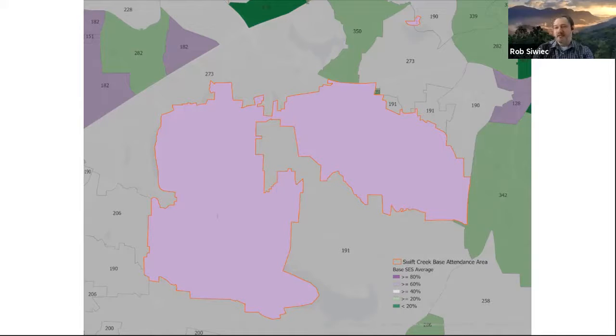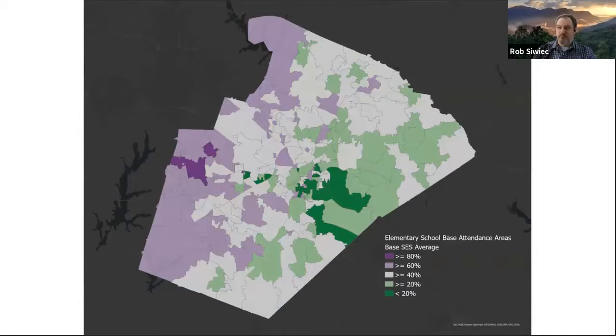It's on the higher end. And our goal here is to use this information to balance schools. Here's an image of all the elementary base attendance areas by the base SES average, Swift Creek being this one here.